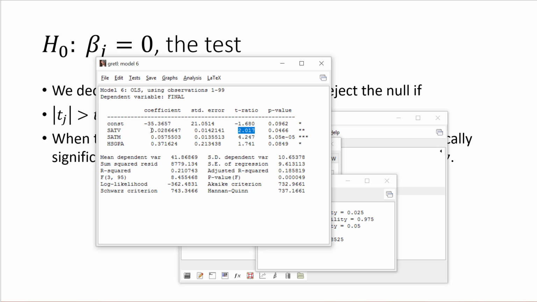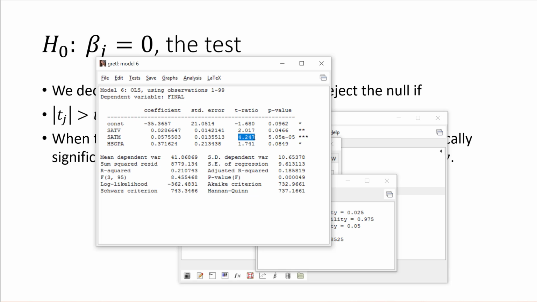And we can say that this is statistically significant, and we can say that it's significantly different from 0 at the 5% level. And we can say that the SATV score has a significant effect on the expected result on the final. Again, with a level of significance equal to 5%. Whenever we're making all these claims, there is a 5% probability that we are doing that incorrectly.